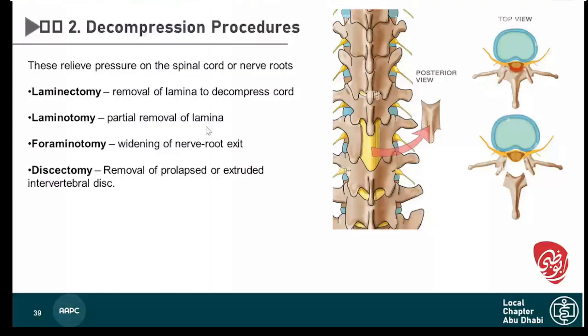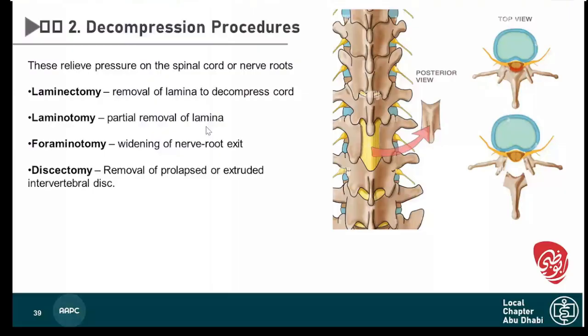Spinal stenosis will lead to spinal cord compression. For these types of diagnosis, the physician will suggest decompression procedures like laminectomy, laminotomy, foraminotomy, discectomy, etc. From the word itself, we can identify what the procedures are.